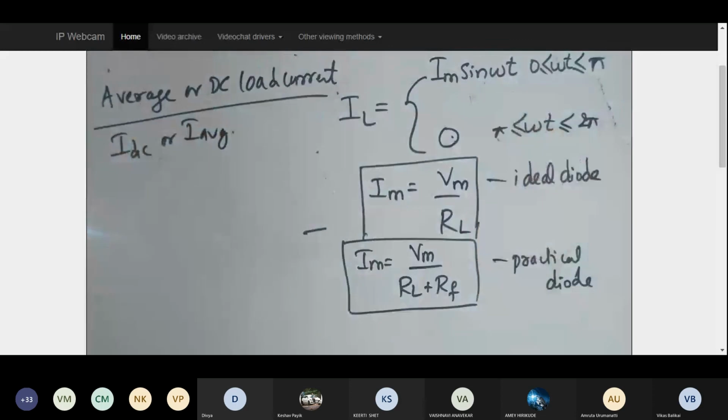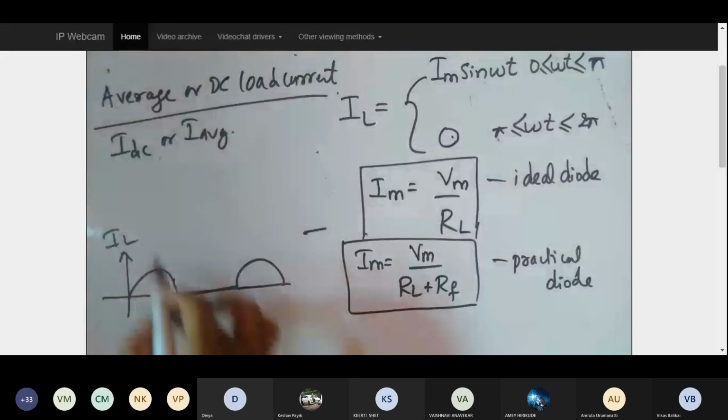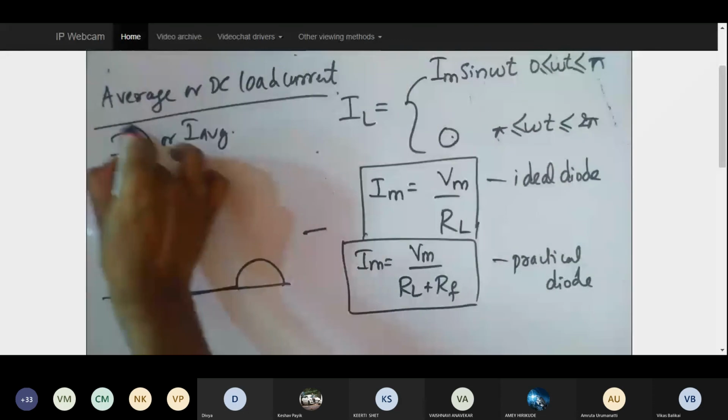I just represented the DC load current by this graph. Now tell me correctly how much DC current there is and how much AC current there is. I want to know that at this particular stage. To understand the amount of DC content present in this load current, I will consider one more term, IDC, and derive an equation. So let's quickly derive a small equation based on this IDC.